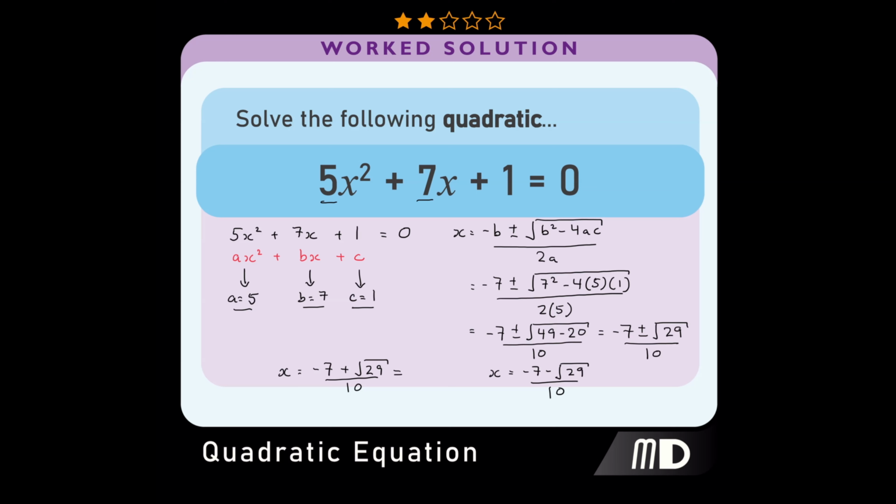The two solutions, which we can round to 2 decimal places, and the answer to this question are minus 0.16 and minus 1.24 respectively.